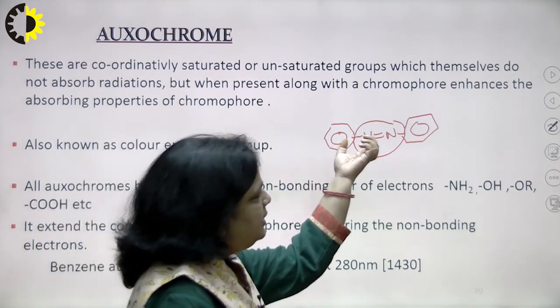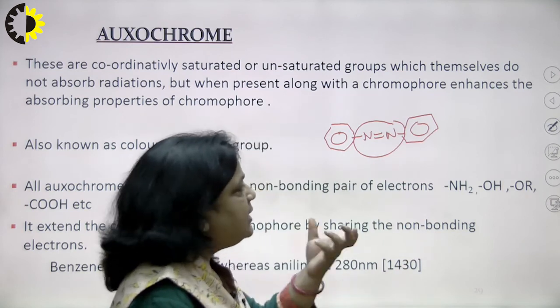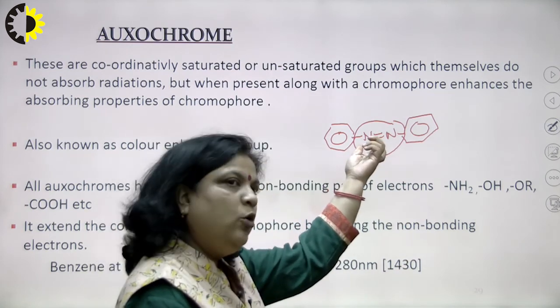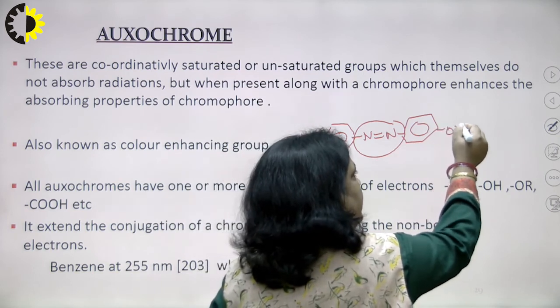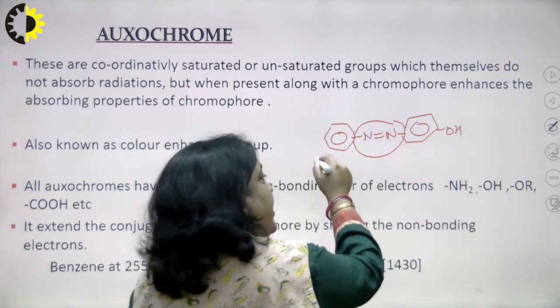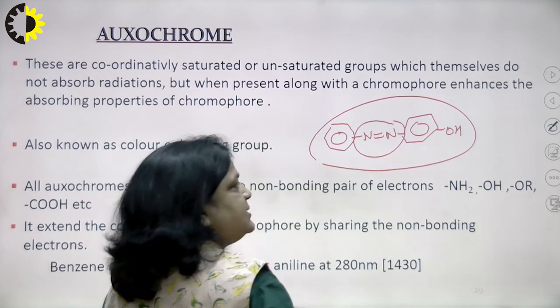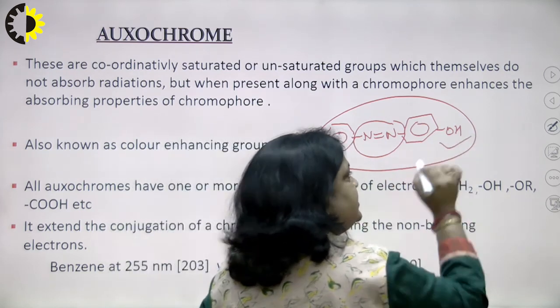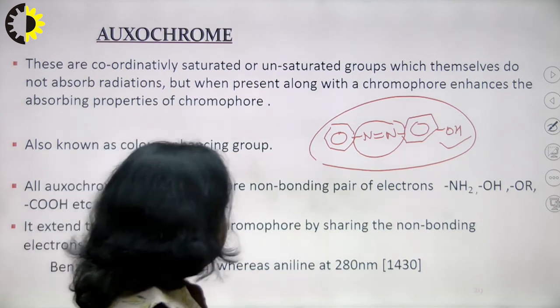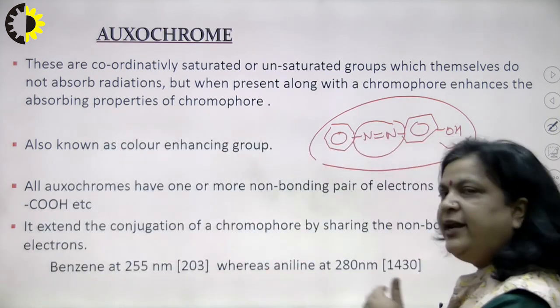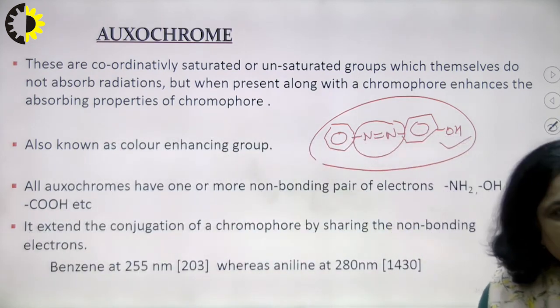Since it is a color developing group, it is called a chromophore. But if we introduce an OH group at this side, the brightness or intensity of color increases, that is, the OH is the auxochrome. It extends the conjugation of the chromophore by sharing the non-bonding electrons.